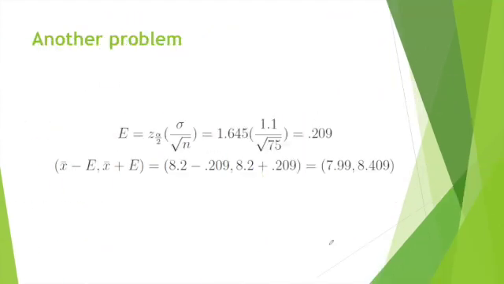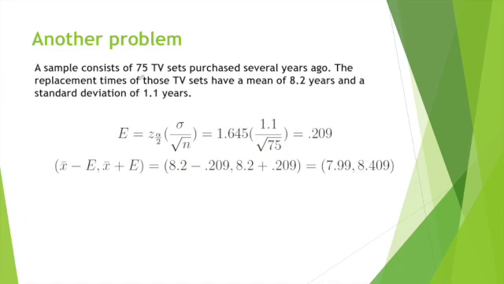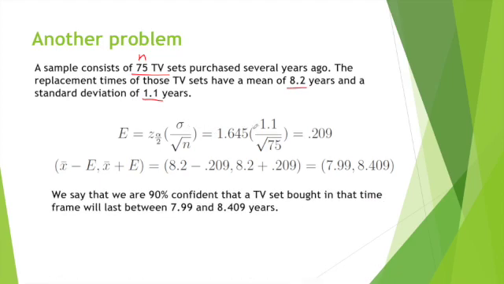Here's another example where our sample consists of 75 TV sets. The replacement times of those TV sets have a mean of 8.2 years and a standard deviation of 1.1 years. So I want to calculate a 90% confidence interval, right?